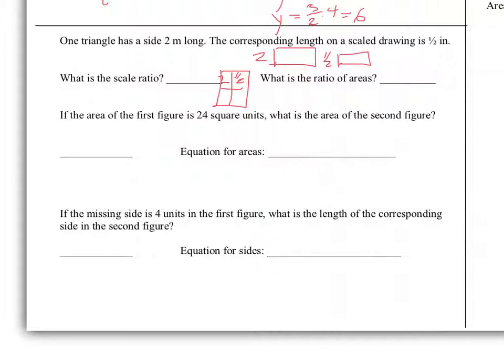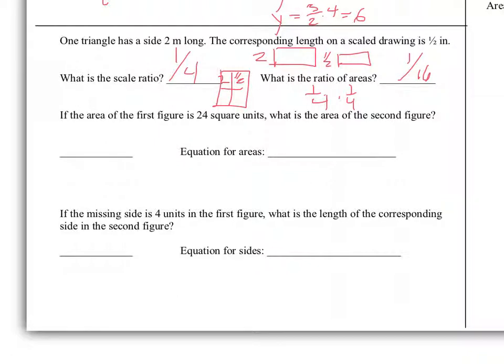So y over x is going to be 1/2 divided by 2. Our scale ratio is 1/4, which means the ratio of the areas is 1/4 times 1/4, which is 1/16.